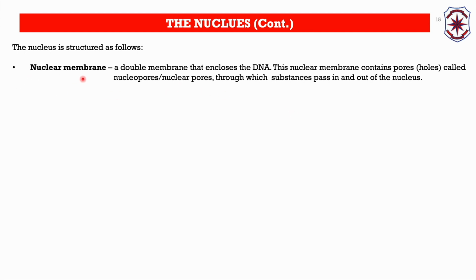So the nuclear membrane is in charge of permeability. It is in charge of the substances. It controls the substances that move into the nucleus and out of the nucleus. Okay, so substances, when they move in and out of the nucleus, they move through the nucleopores that are found in or on the nuclear membrane.